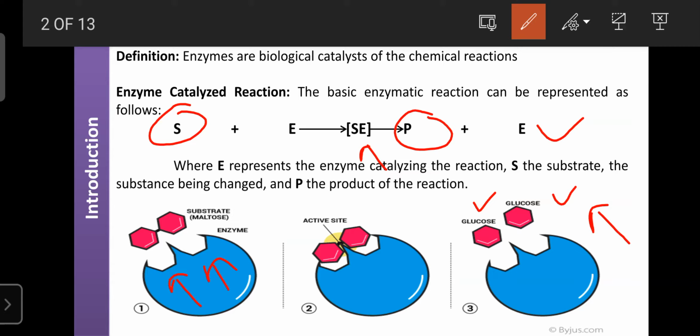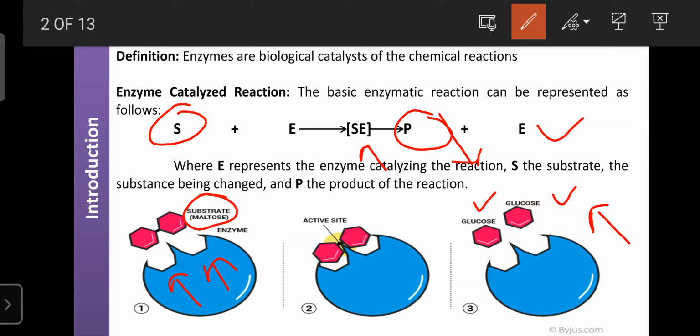So these are the two main factors that can affect enzymatic reactions: the concentration of enzyme and the availability of the substrate. If the substrate is less available, not much product can be formed due to lack of substrate occupying the active site. If the substrate is abundant but the enzyme is less, the formation of the end product also decreases.